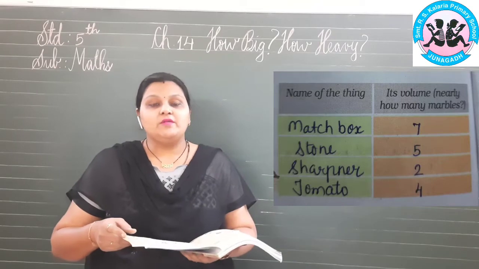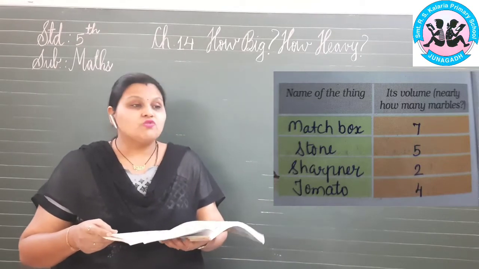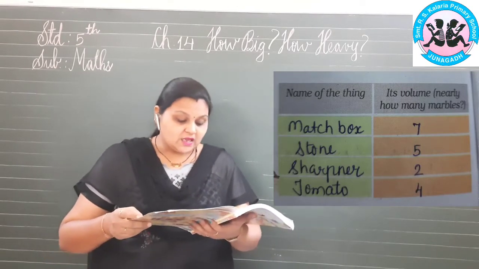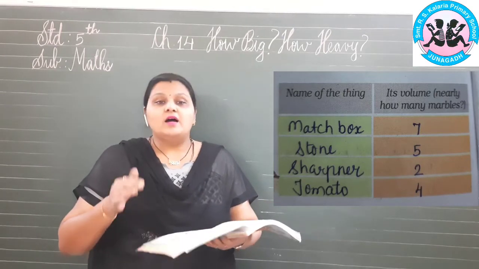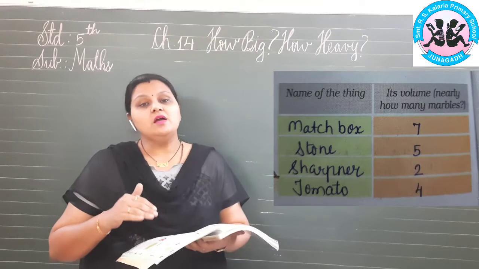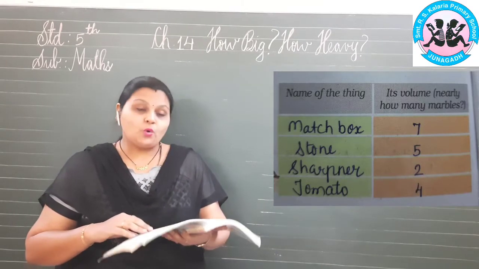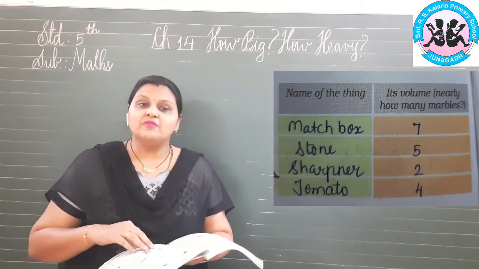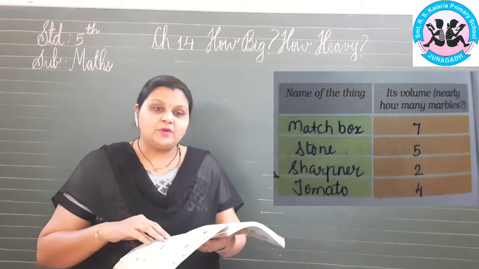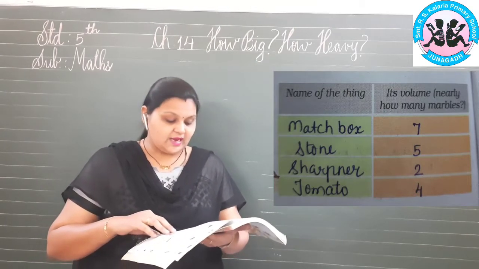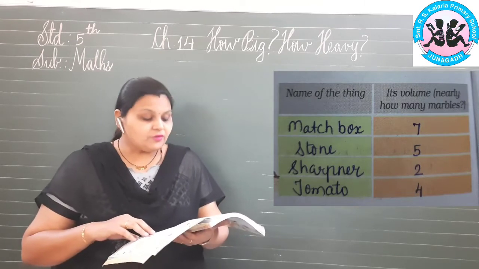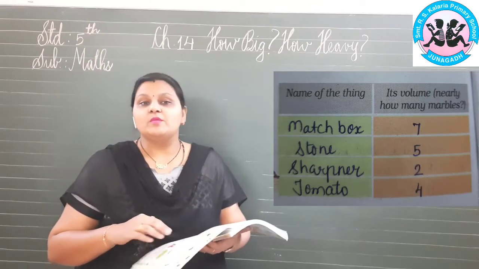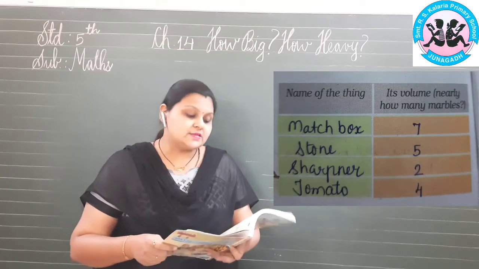We have to compare with the marbles. So first is the matchbox. If we take a matchbox, it will require approximately 7 marbles. Stone, approximately 5 marbles. Sharpener, 2 marbles. And tomato, 4 to 5 marbles. As I told you, we are guessing over here. It can be more or less also.